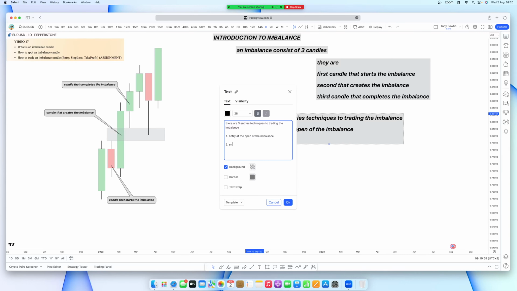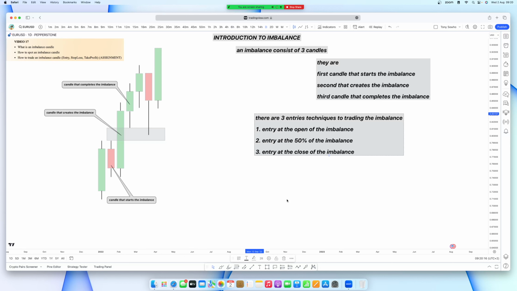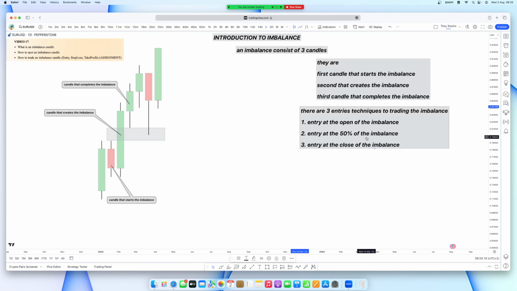Number two, entry at the 50% of the imbalance. And then the third one, which you know already, entry at the close of the imbalance. That is how you can trade it. You could put your entry in three places: either at the open of the imbalance, or the 50% of the imbalance, or at the close of the imbalance.